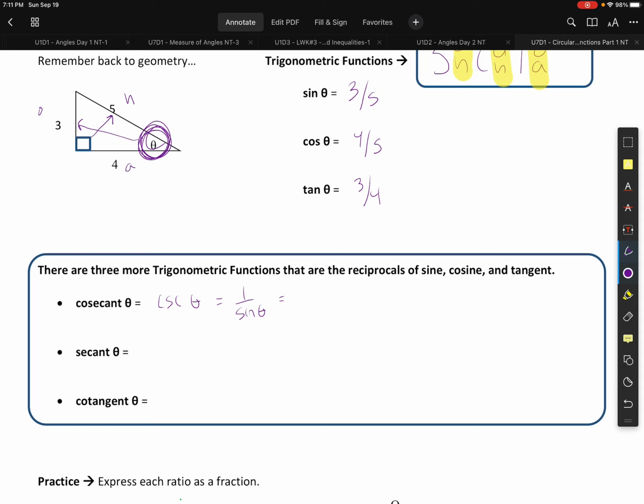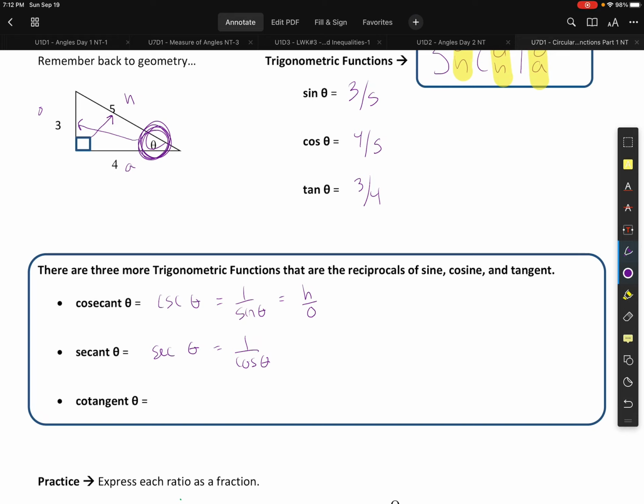Now, if sine is opposite over hypotenuse, cosecant is hypotenuse over opposite. All right, secant, which we shall abbreviate as SEC theta, is the same thing as 1 over cos theta. They are reciprocal functions.